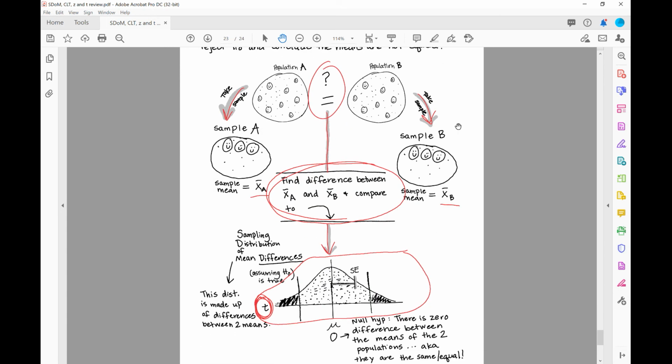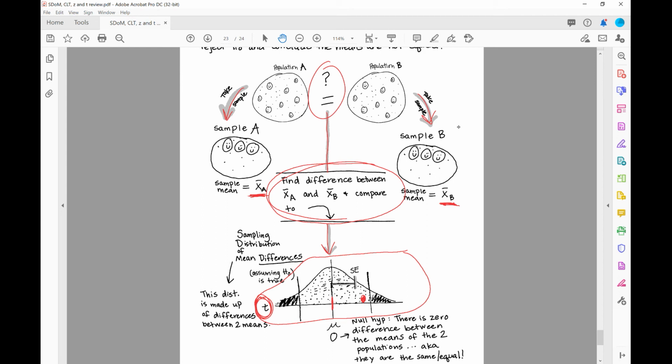So how different are these two means? Maybe we get that they actually come out exactly the same, in which case our mean difference is going to fall right here at the 0 mark. There's 0 difference. Or we may find that the sample mean for A is way higher than the sample mean for B. So when we take the difference, that mean difference ends up over here somewhere.